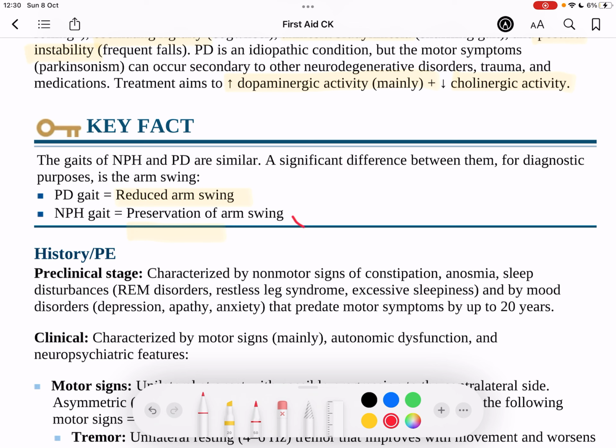So normal pressure hydrocephalus patients usually have the 3 Ws. Wacky, so they often have neuropsychological changes, including dementia. The second W is wet, so they often have incontinence. And then wobbly, which is referring to the gait that we've just described. The gait in normal pressure hydrocephalus is often referred to as a magnetic gait.